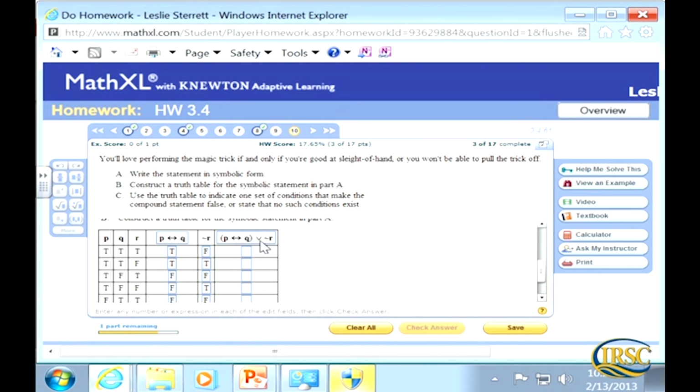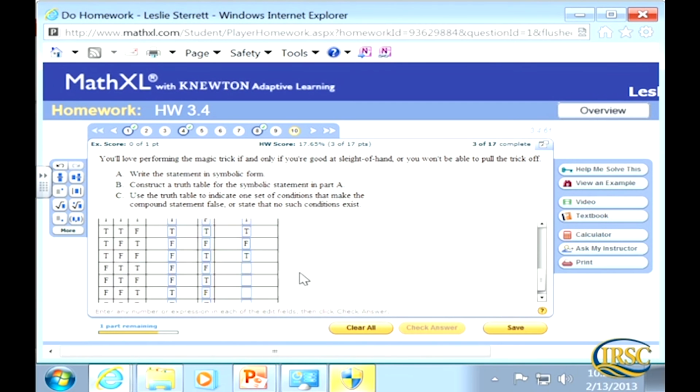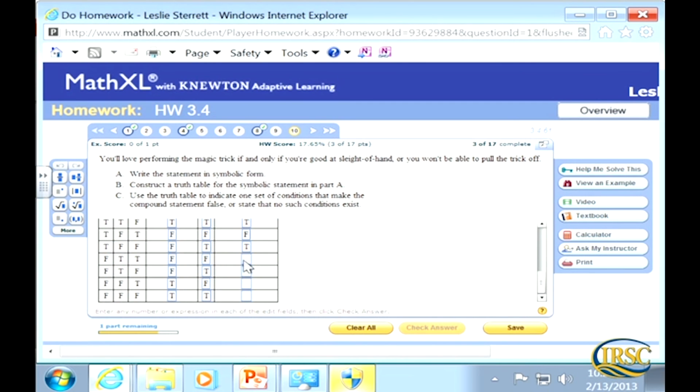And what do we know about or? Only false when they're both false. So this one's true, true, false, true, because again, I'm looking at the last 2 columns here. False, true, true, true.